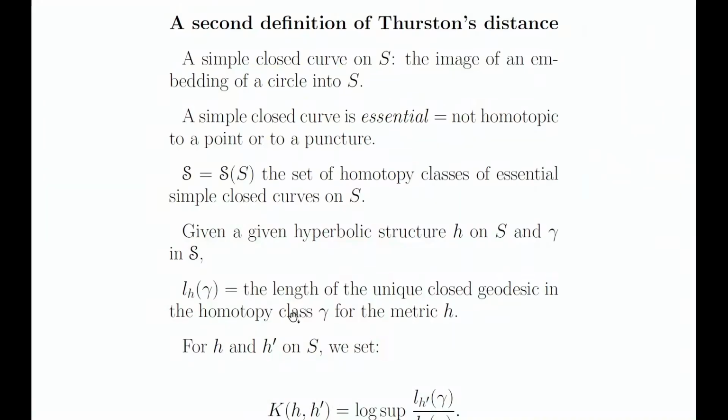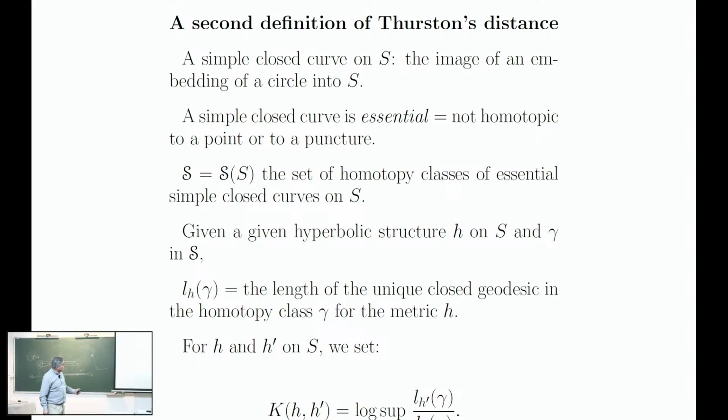Okay, so now this is something new I want to tell you. We have a definition of the Thurston distance, which I told you several times: the logarithm of the best Lipschitz map from one surface to the other. Now, there's another definition of the Thurston distance. When you have a mathematical object, you define it in one way, and then you want to give an equivalent definition.